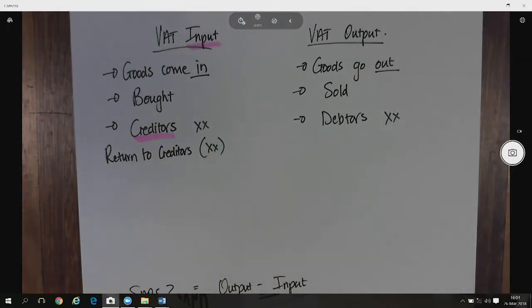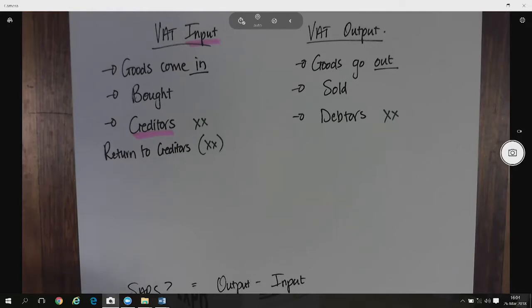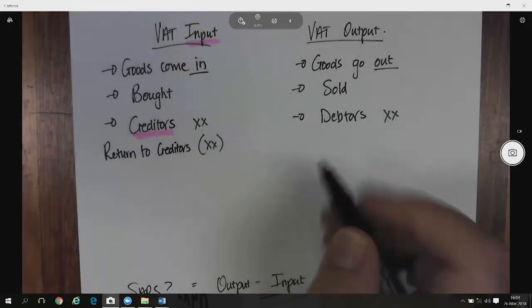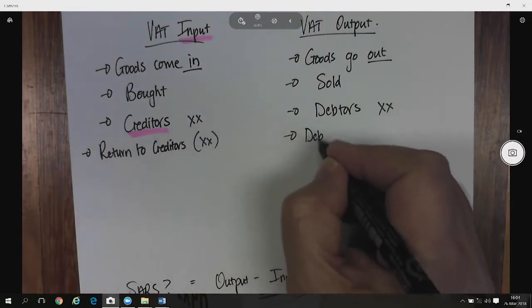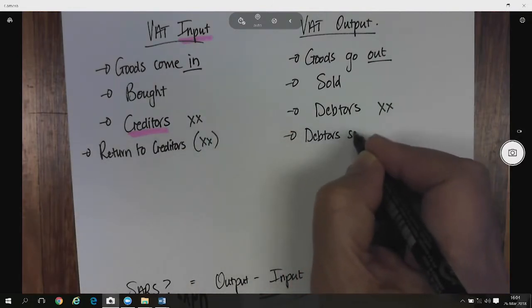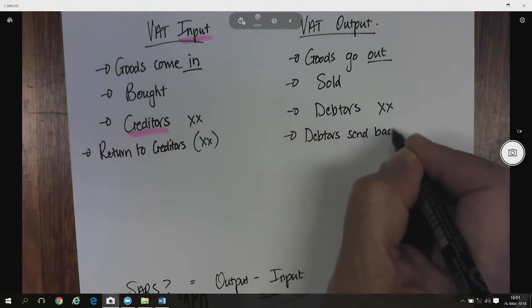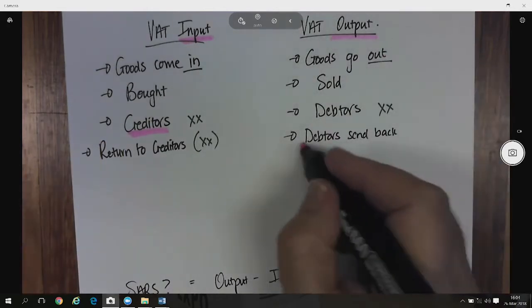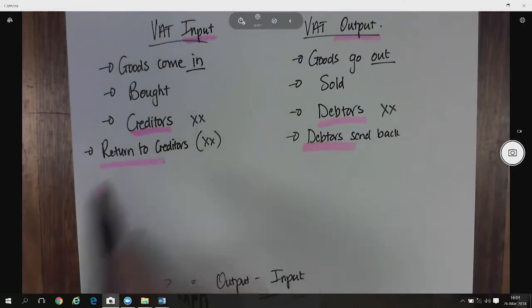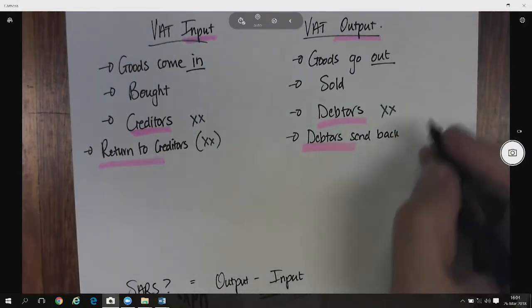Then when the debtors return goods, debtors sent back, I relate my debtors with my output. And that's why I will say that is output minus.